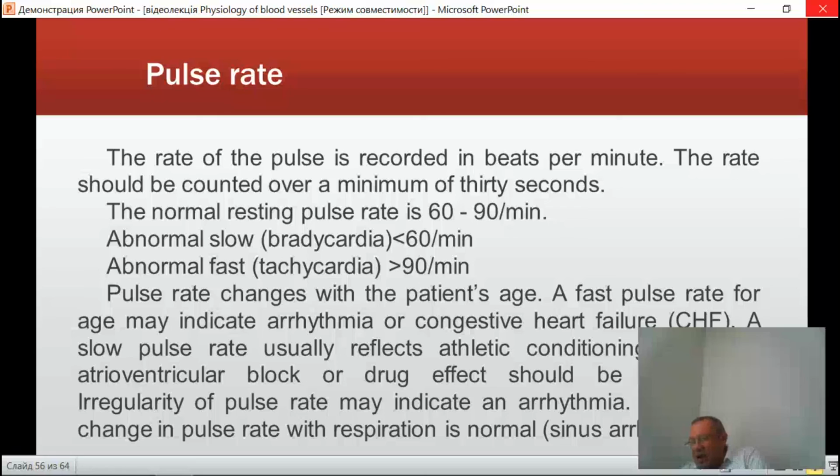However, atrioventricular block or drug effect should be considered. Irregularity of pulse rate may indicate an arrhythmia. However, a change in pulse rate with respiration is normal, and is named sinus arrhythmia.